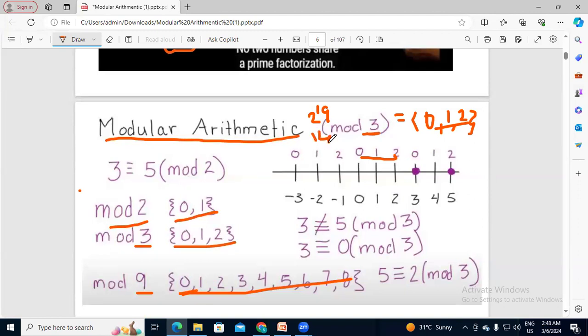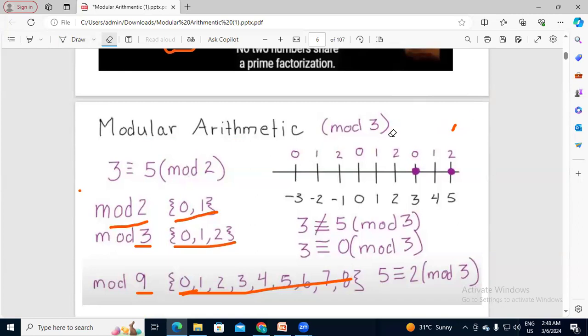You can have any number, 144 mod 3, the result will be from this set only. This is the modulus operator. So if the result is a finite set of elements, of course there will be numbers whose results are equivalent. In this case, this is mod 3. Which numbers have the same modulus results?